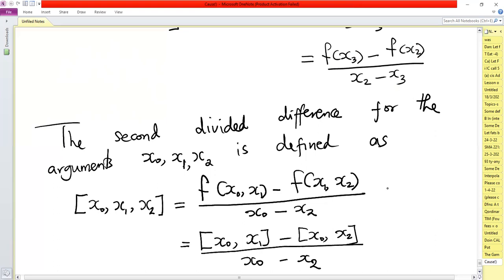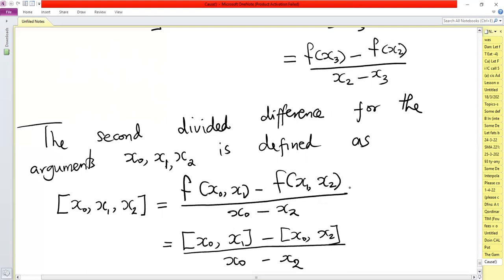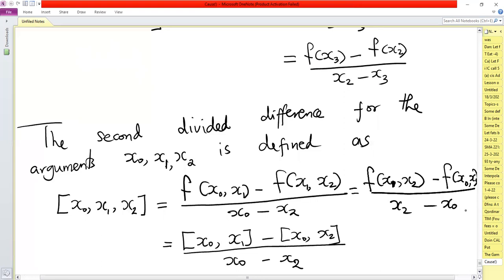Or you can actually start with, write this one as f of x0, x2 minus f of x0, x1, okay, f of x1, x2, and then x2 minus x0.